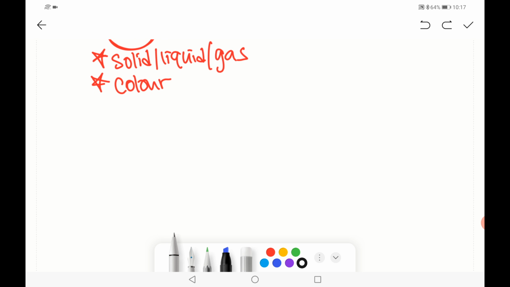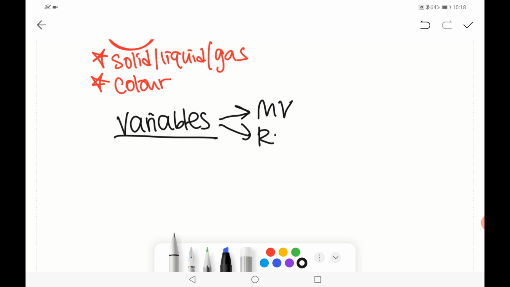We know that there are three common variables: manipulated variable, responding variable, and constant variable, or in some books they call it a fixed variable. So we have a total of three possibilities here. I believe most of you are very good with variables, nothing hard, but there's one question they love to ask.